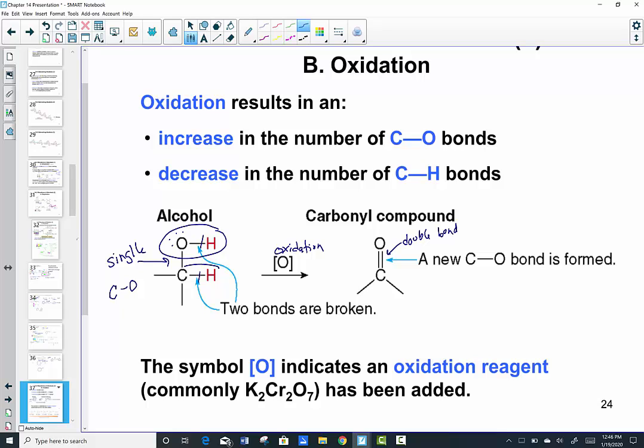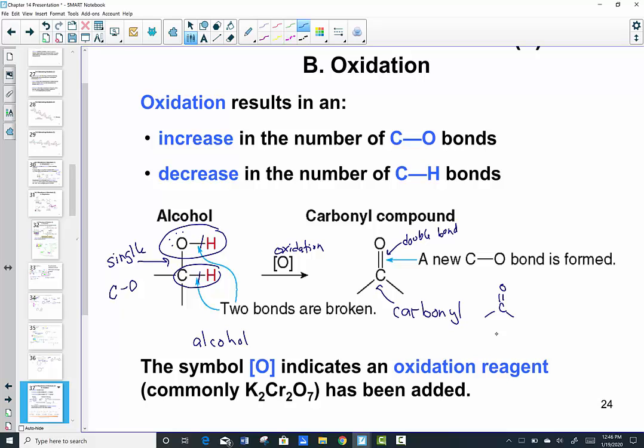We've decreased the number of CH bond, and we've increased the number of CO bond. Both of those terms are what we call oxidation. We'll now know that this functional group, the C double bond O, represents a carbonyl group. An alcohol, when it's oxidized, turns into a carbonyl functional group.